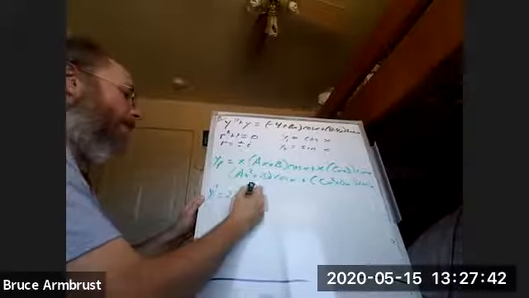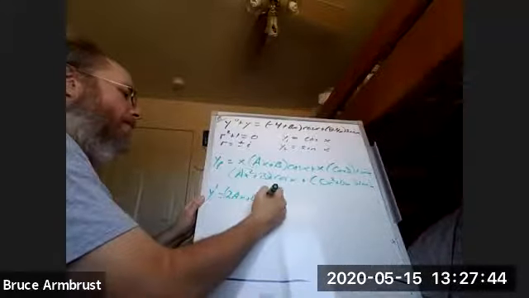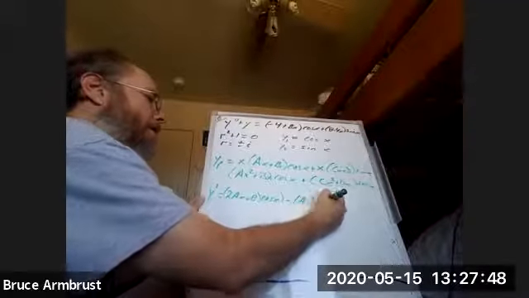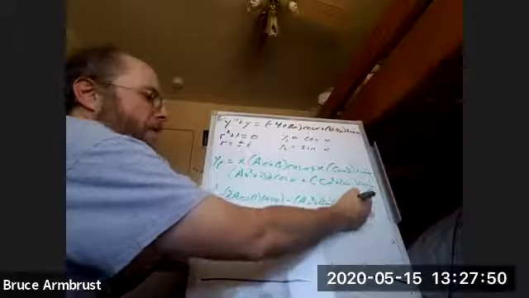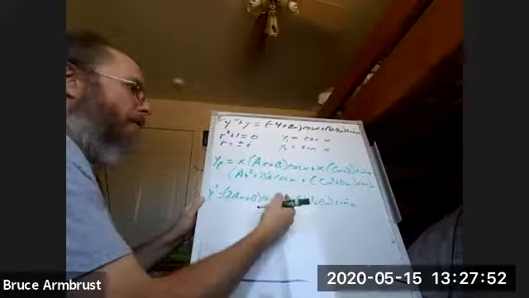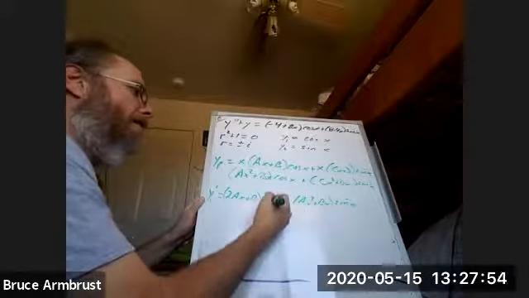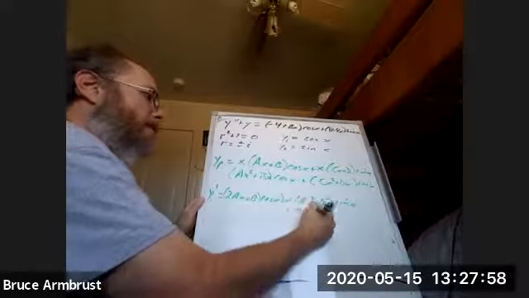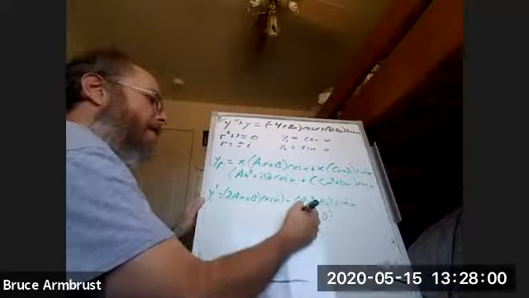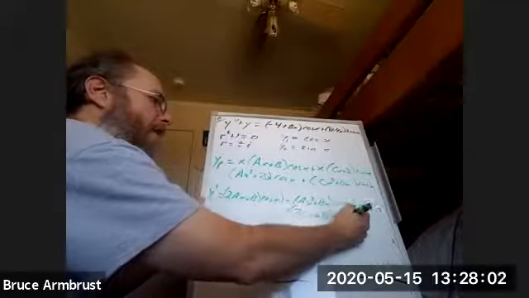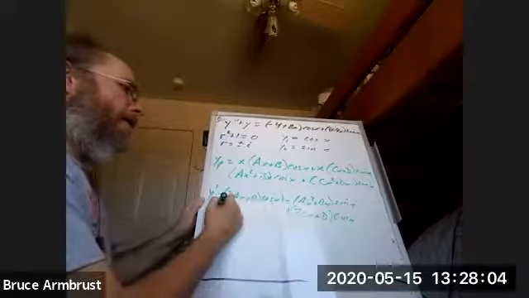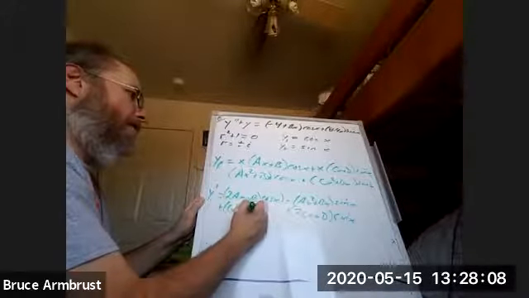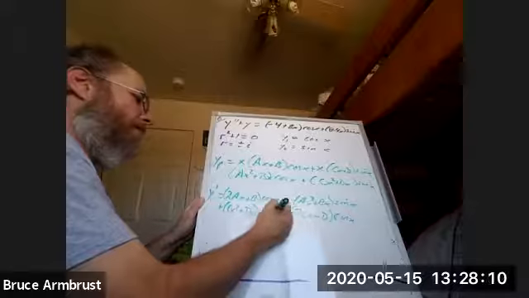It's 2ax plus b times the cosine of x, minus ax squared plus bx times the sine of x. And then when we differentiate the other piece with the sine, we're going to get 2cx plus d times sine of x, and then plus cx squared plus dx times cosine.